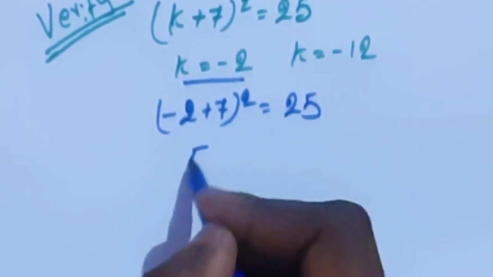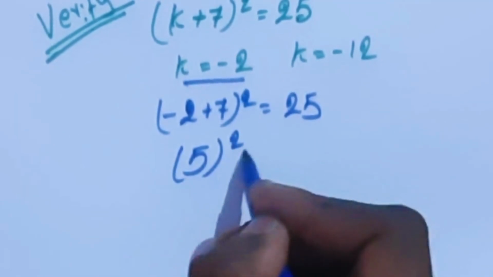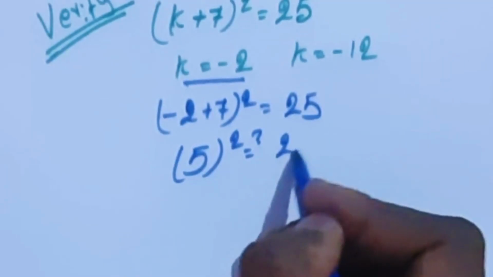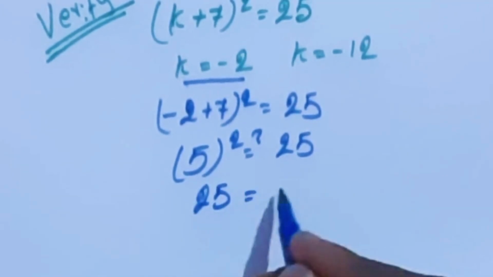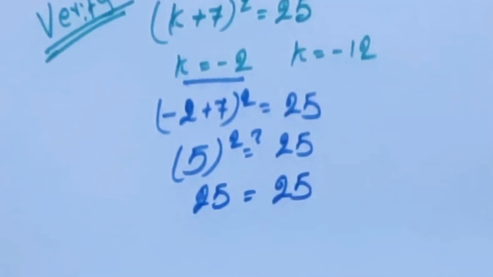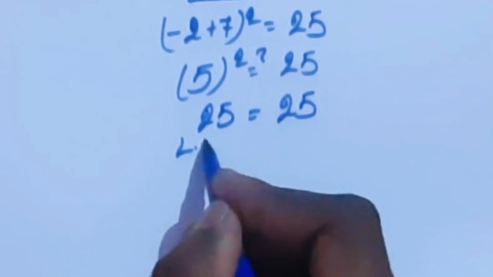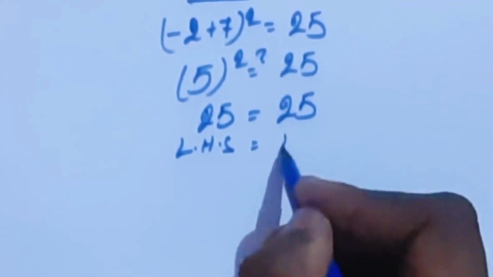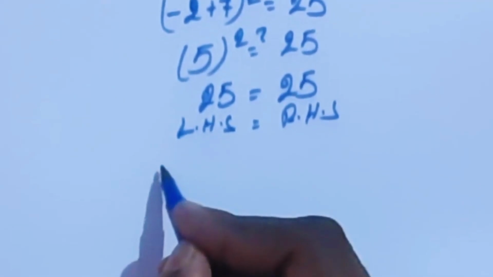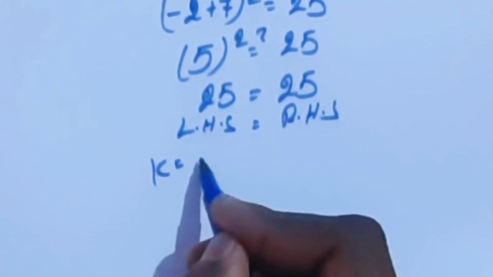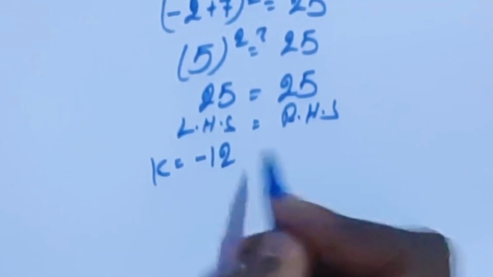Here we'll get 5 whole square equal to 25. Here 5 square is 25, equal to 25. So LHS equal to RHS.